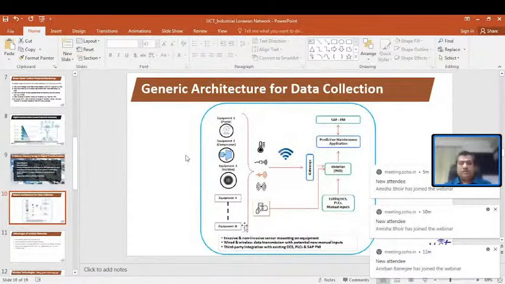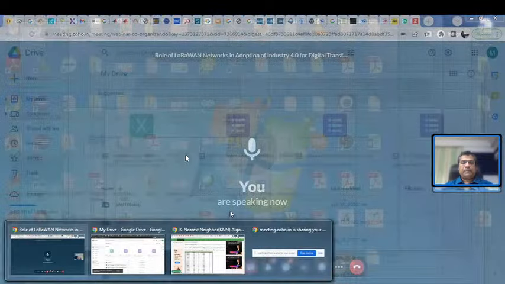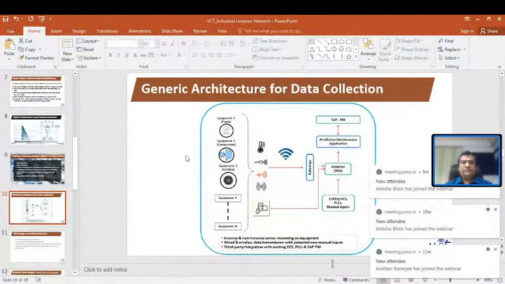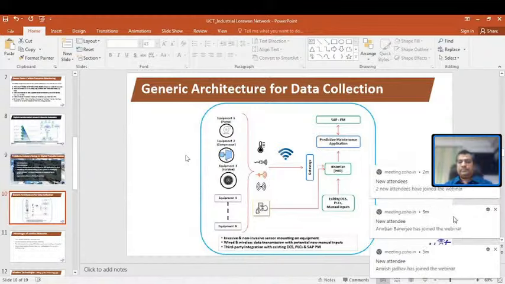Let me check once. Okay, the slide is visible then. Okay, so let me continue then. I think the slide is fine.